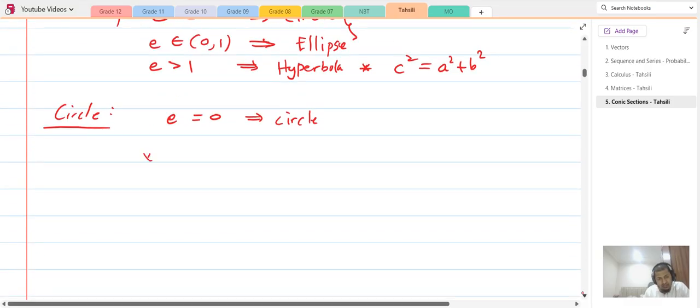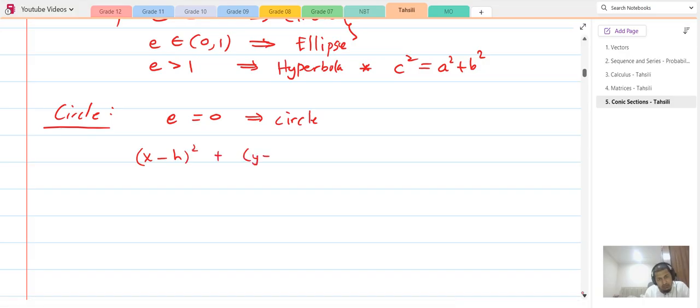Now the equation of a circle is x minus h all squared plus y minus k all squared is equal to r squared. The center is h and k, and the radius is equal to r, not r squared, the radius is r.